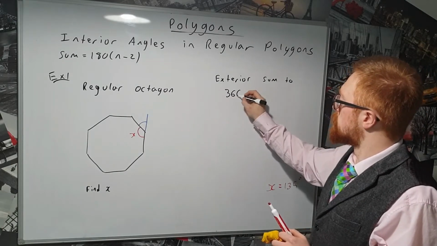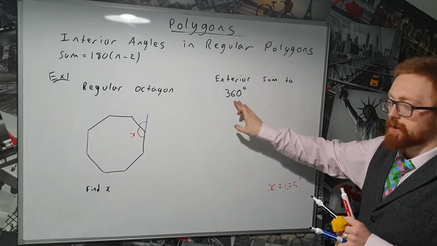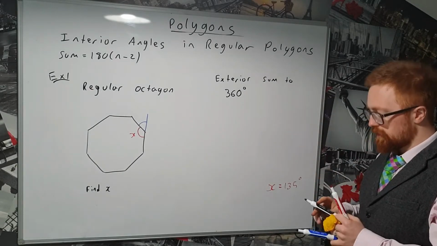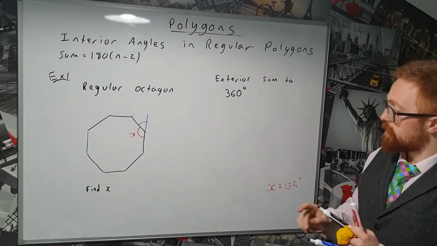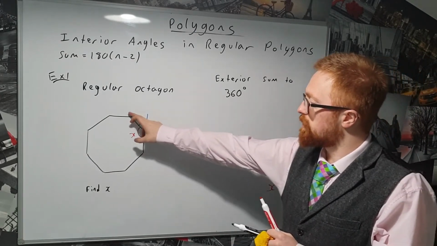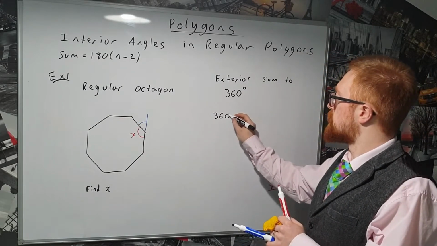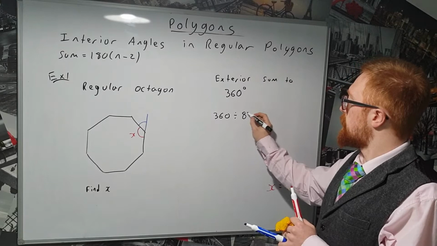Absolutely right, they sum to 360 degrees. Okay, in every polygon, the exterior angles sum to 360 degrees, which means that our blue angle here, well, because they're all the same, I just need to divide by 8.